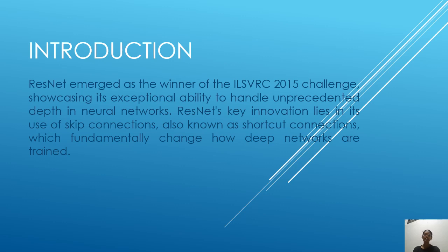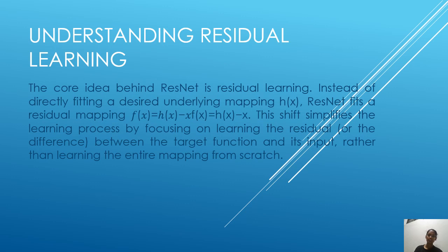The key innovation of the residual network lies in its use of skip connections, also known as shortcut connections. It fundamentally changed how deep networks are trained. This is the introduction of the residual network architecture.